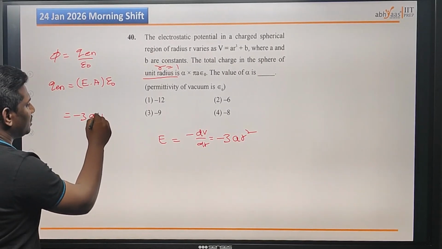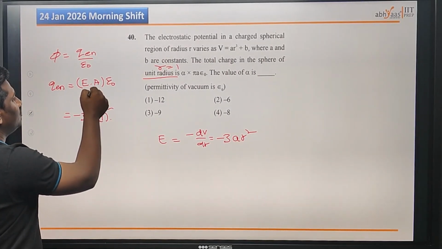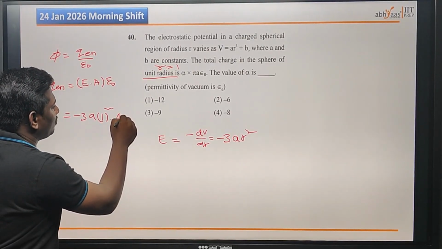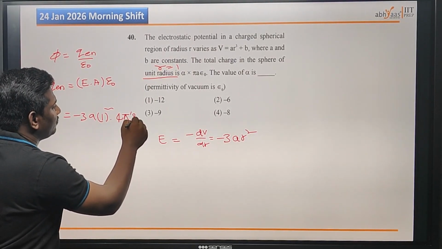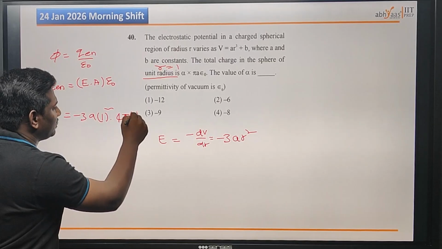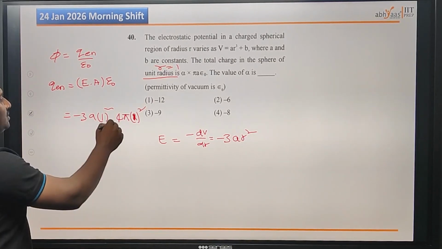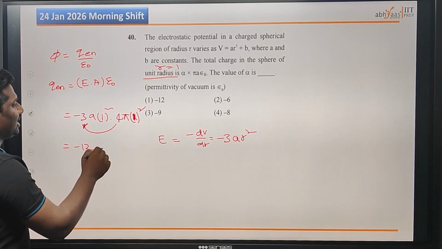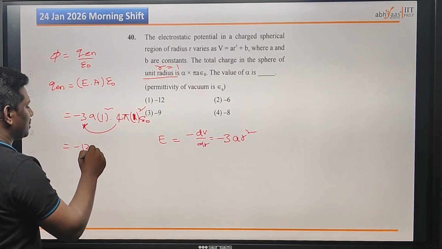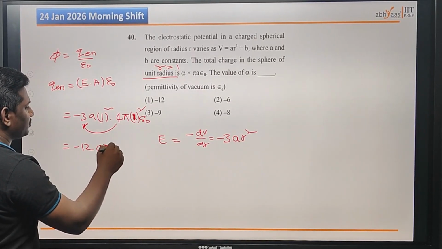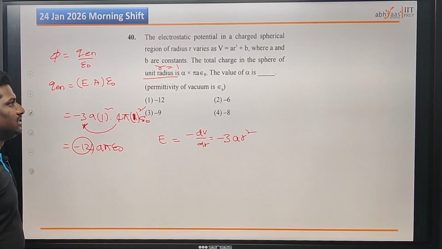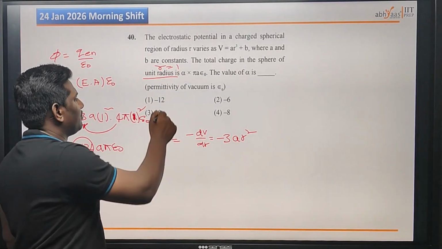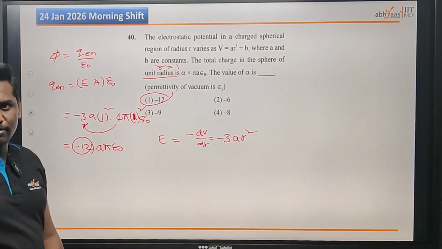What is the r value? 1 square, into 4 pi r square, that is 4 pi. Multiplying this, minus 12, with epsilon naught. This is our value of alpha. Minus 12 is the alpha value.